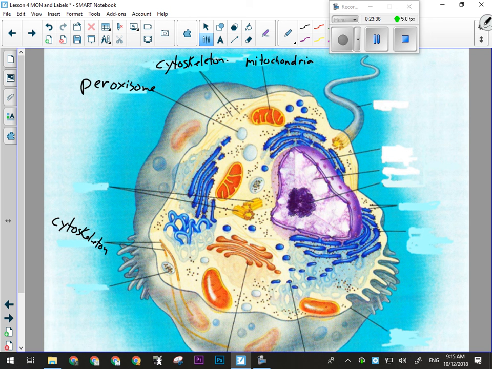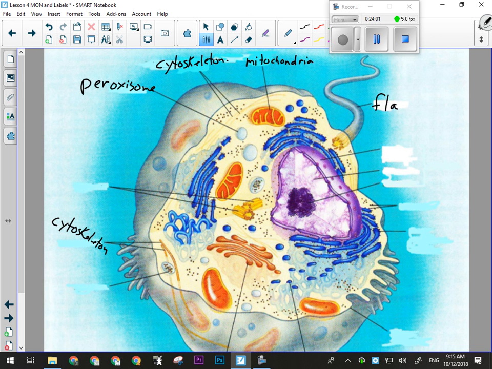All right, for some reason, every cell diagram of an animal cell includes this, which is odd because 99% of all animal cells don't have one of those. Really the only animal cells that would have that would be a sperm cell. Which means that only half of you in the room are actually capable of having these cells. So this thing is called a flagellum.